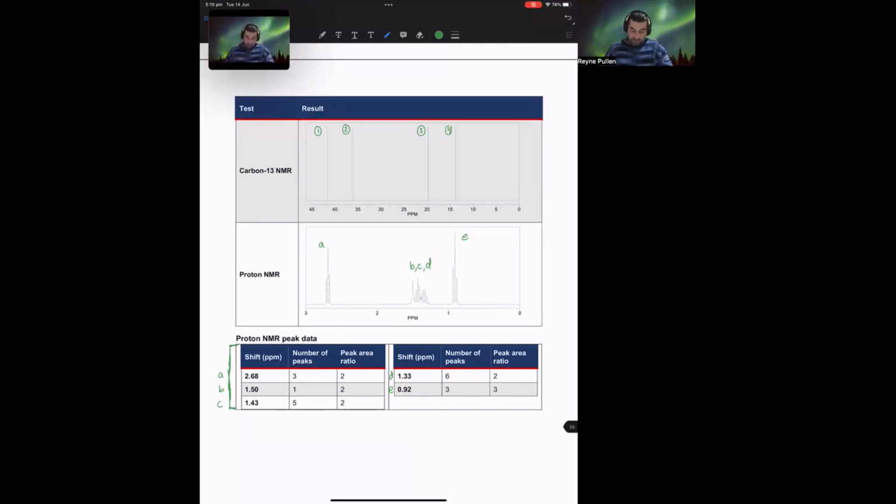Now, first of all, the peak area ratio tells us how many protons are in each of those environments relative to one another. So we can kind of see that we've got a 2, a 2, a 2, 2, and a 3. Now that's kind of interesting because the 3 is normally what we would see if we've got, say, a terminal carbon.